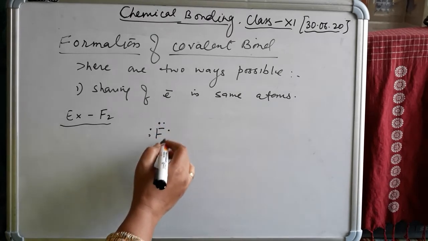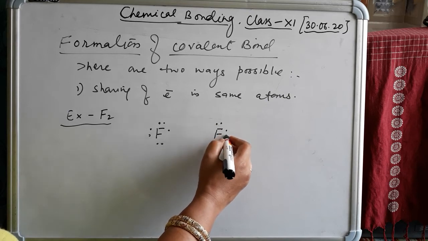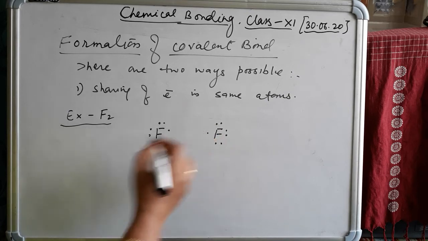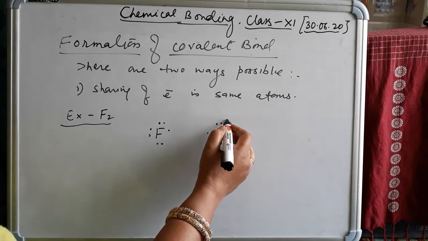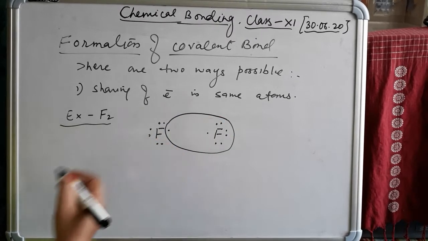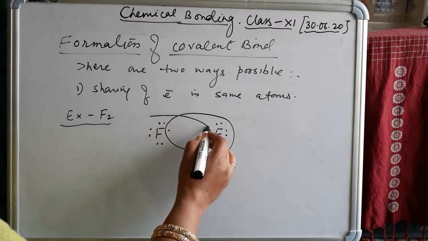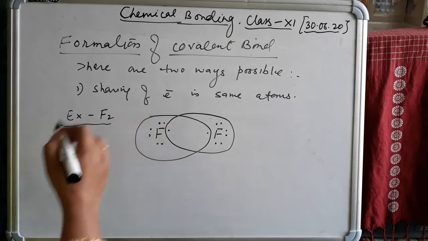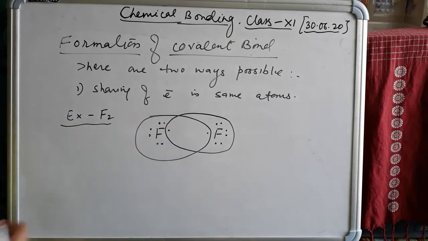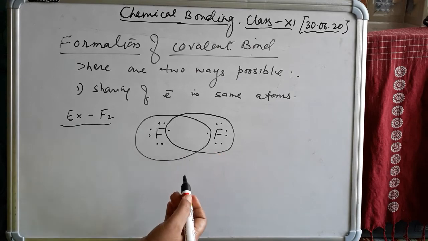Fluorine has 2, 4, 6 and 7 valence electrons. If this fluorine takes one electron to complete its octet, similarly the other fluorine also takes an electron for its stability.